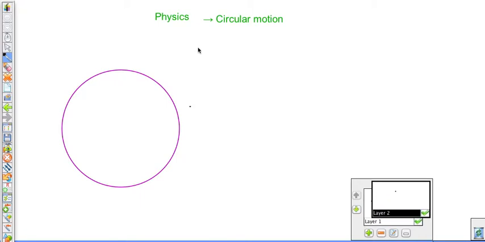What I'm going to try to do is introduce some of the concepts of circular motion in this one. And circular motion has all of the same aspects of velocity and acceleration and force that we've been learning before, but it's in a circle.